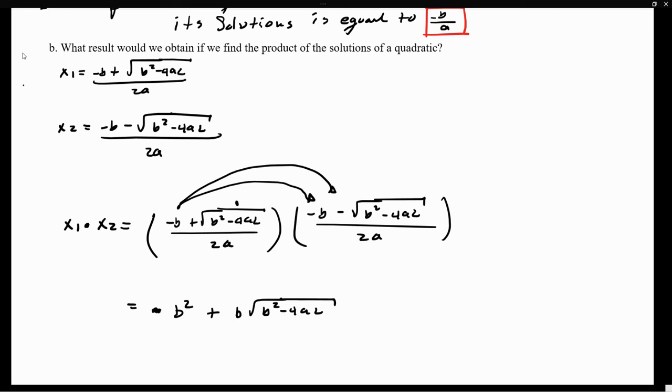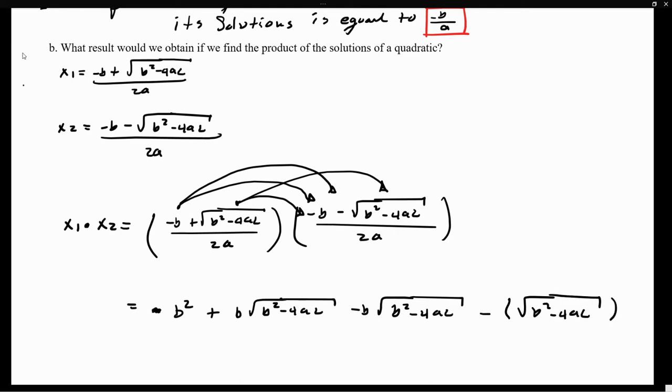Now, if I distribute the second term, that's going to give me minus b times the square root of b squared minus 4ac. And if I distribute one more time, that's going to be minus, and we get the second exponent, so b squared minus 4ac all to the second exponent. And this is going to be divided by 2a times 2a, which is 4a squared.